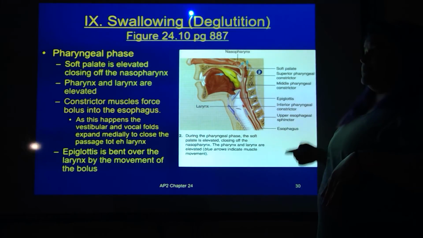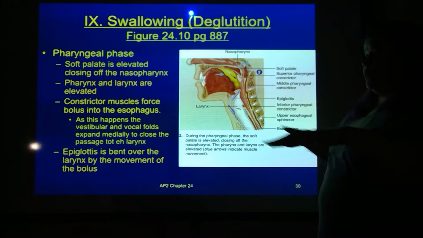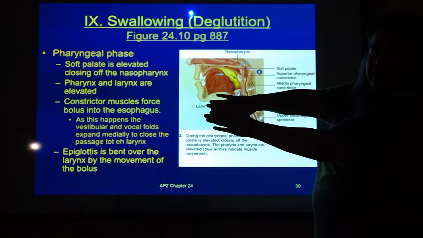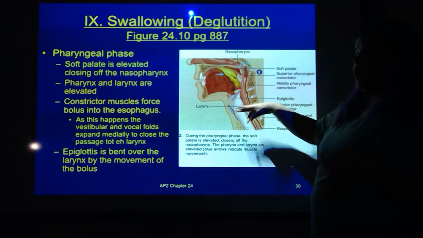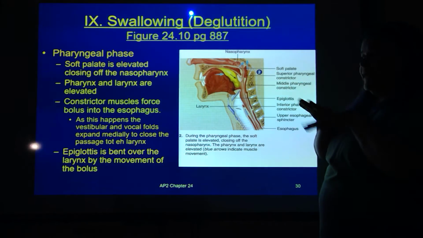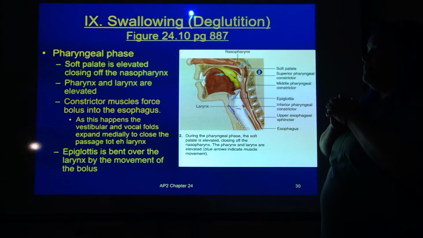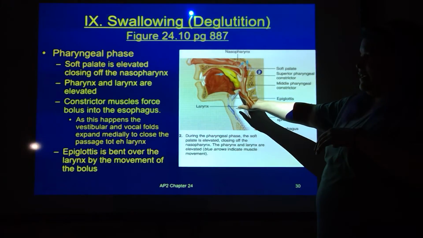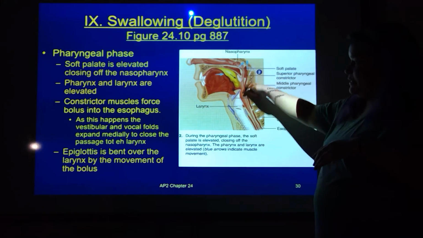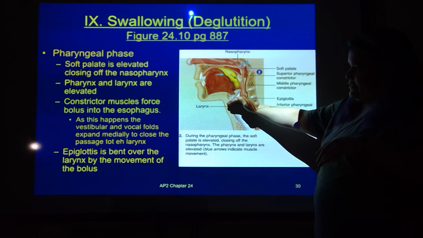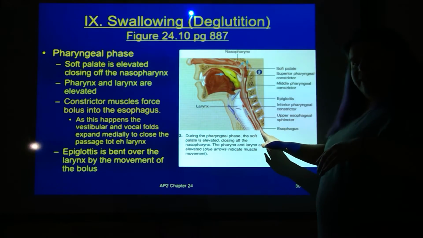As that happens, the vestibular and vocal folds move medially. It actually closes your vocal cord area, your larynx. Okay, it seals that tube. The epiglottis, this little piece right here, actually bends over so that the food doesn't go this way, this gets covered up and then it goes back this way.